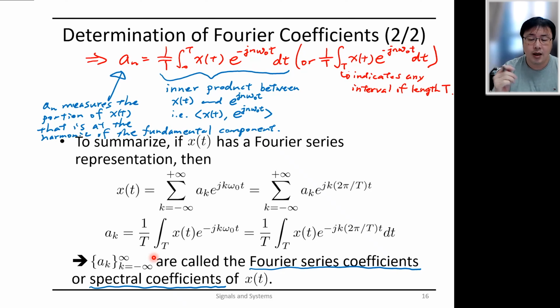This is an invertible relation. This a k is the so-called Fourier series coefficients, or is also sometimes called the spectral coefficients, because it is the coefficient corresponding to the spectral component of x of t at frequency k times omega naught.